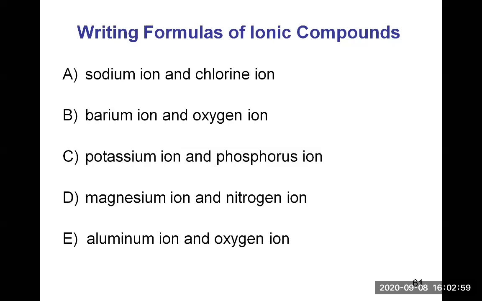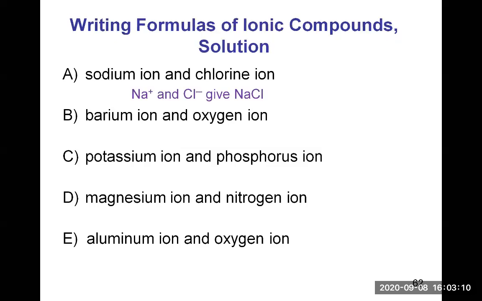Group 7A suggests 7 minus 8, it's going to be a -1 ion. So Na+ and Cl-, they each have 1 charge, one positive and one negative. And so they will cancel out when you put them together. So the compound formula will be NaCl, because 1 Na+ will cancel the 1 negative charge from the chlorine.